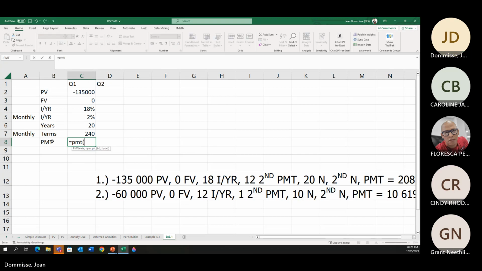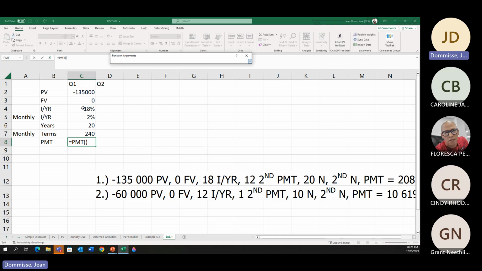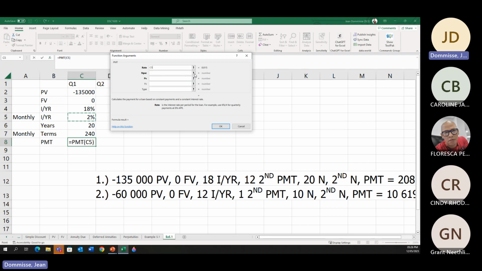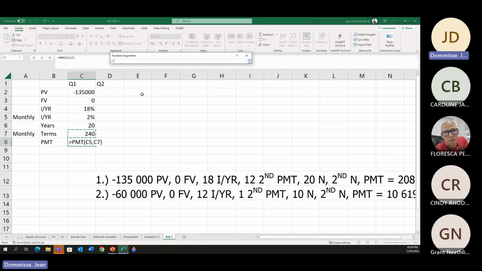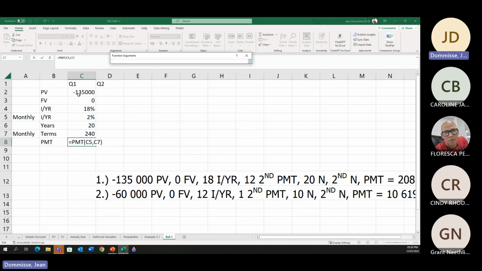So PMT again. The interest rate was 1.5%, with time period 240, present value is minus 135000.